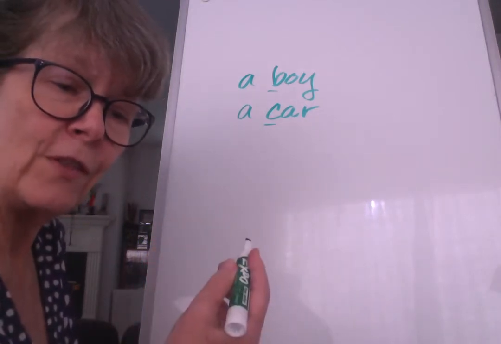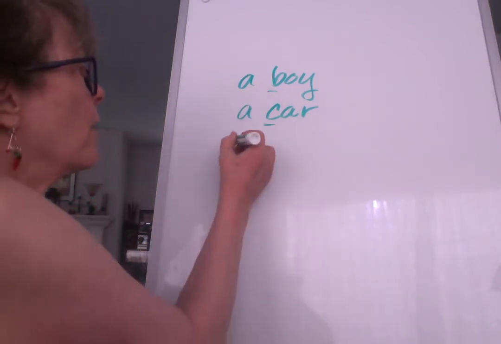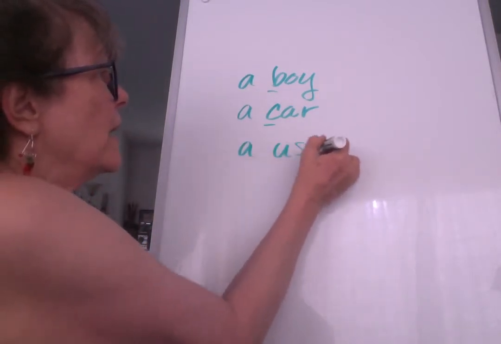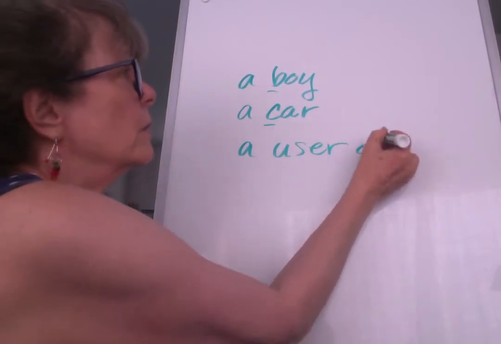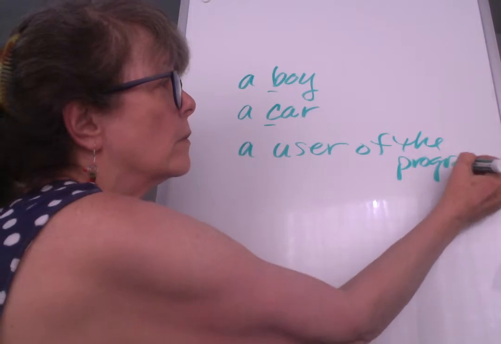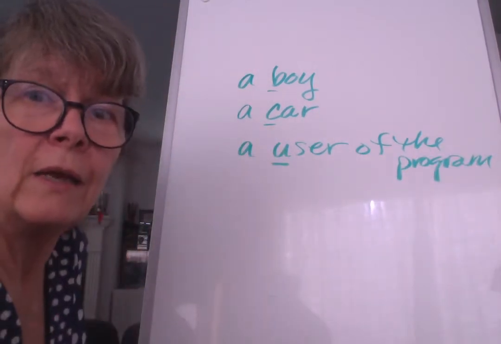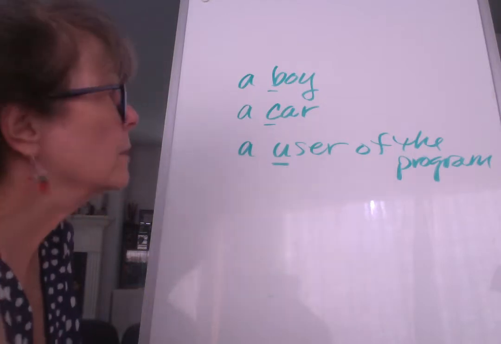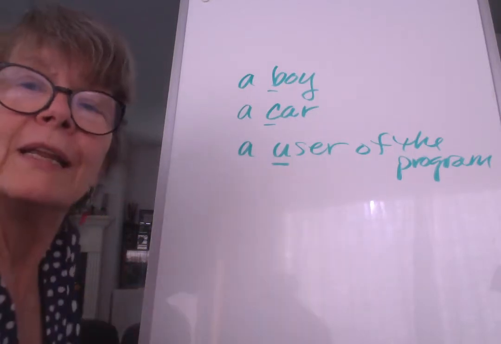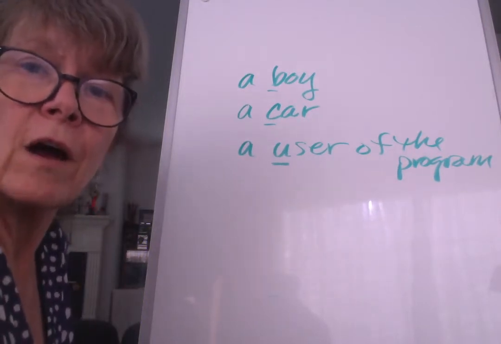sound, even though the letter might be a vowel. So if I say a user of the program, that's a vowel, A, E, I, O, U, right? But listen to the sound of it. It sounds like a consonant.